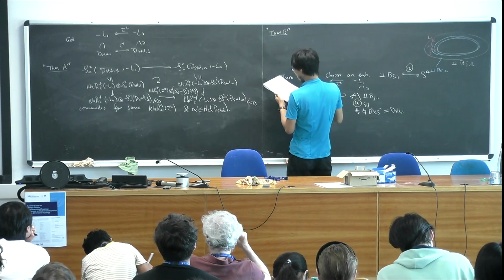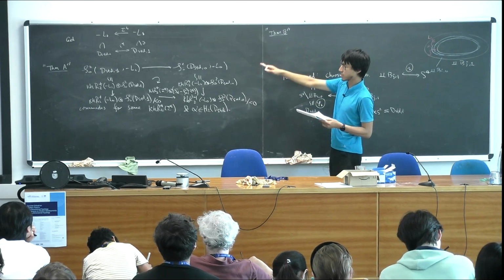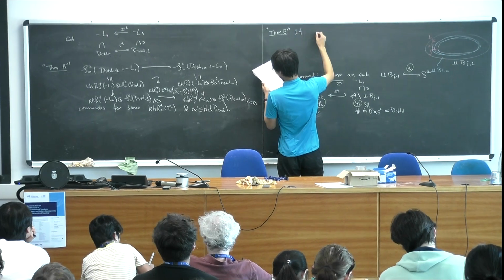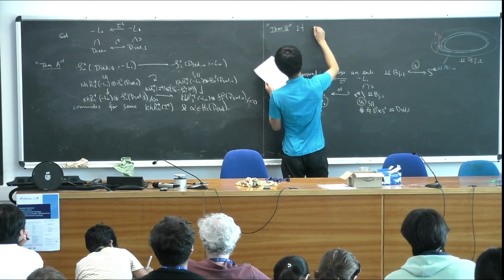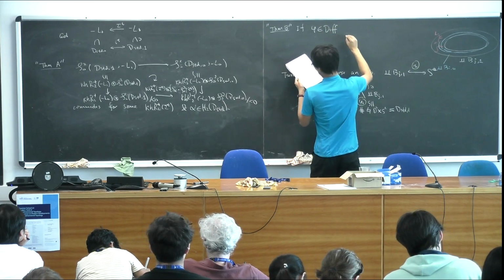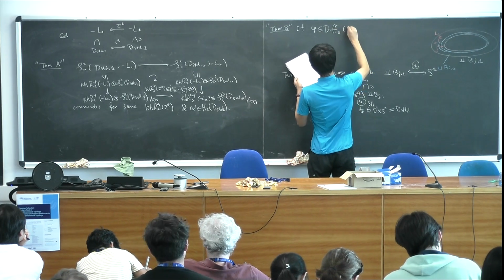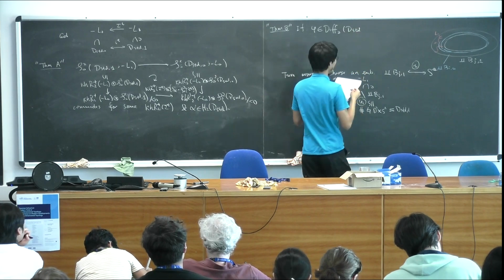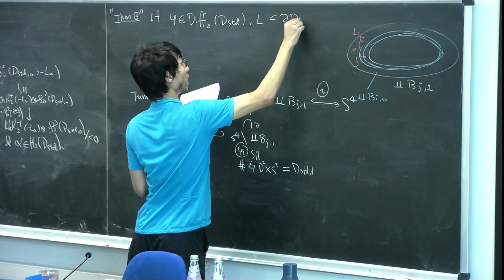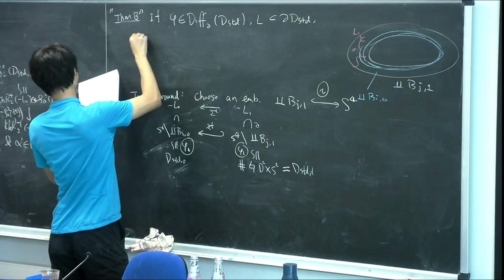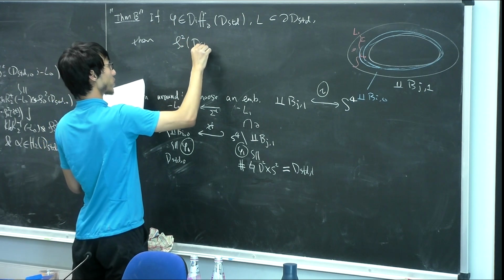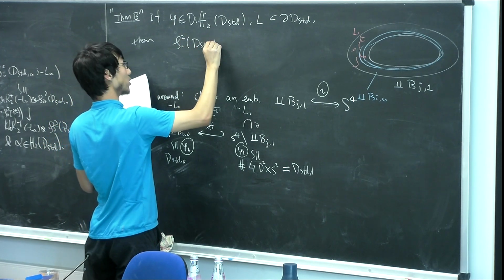Let me write down theorem B. It's not very precise as I stated, so I'm putting quotation marks, but I'm not going to explain. So theorem B is that if I have a parameterization change, then I have a diffeomorphism phi of the boundary of a manifold I call D standard, and L is a link in the boundary of D standard, then this diffeomorphism is going to induce a map on the skein Lasagna module.